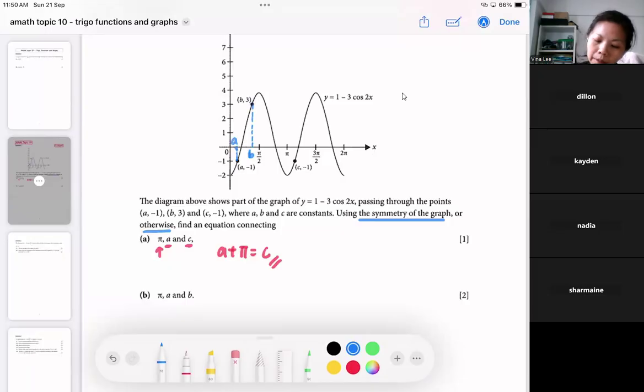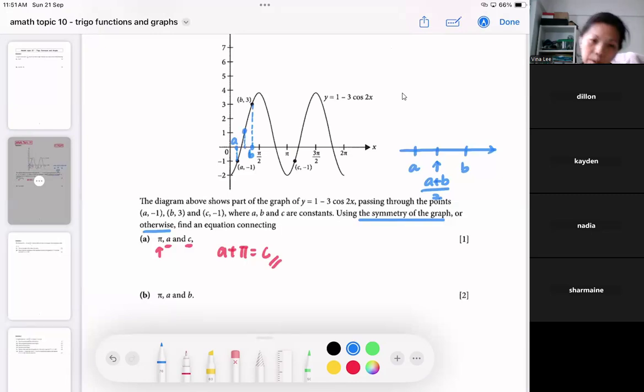If A is here and B is here, how do I get the midpoint? I think I'll enlarge it so you can see. The midpoint will be A plus B over 2.